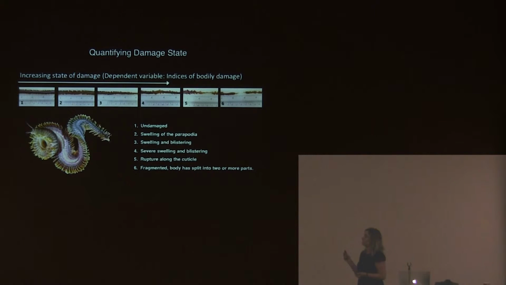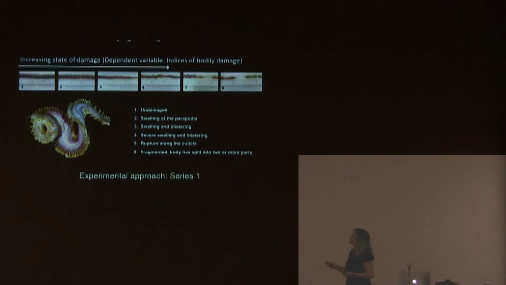During the time in the tank, depending on when you take it out, it might go through a series of these states where you get swelling in the parapodia, rupturing along the cuticle, and then more severe swelling and blistering as well. So that's how I'm able to quantify, when it comes out of the experiment, the amount of damage externally on the polychaete.